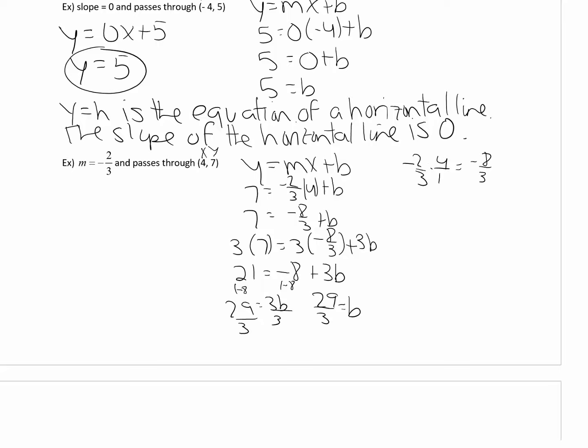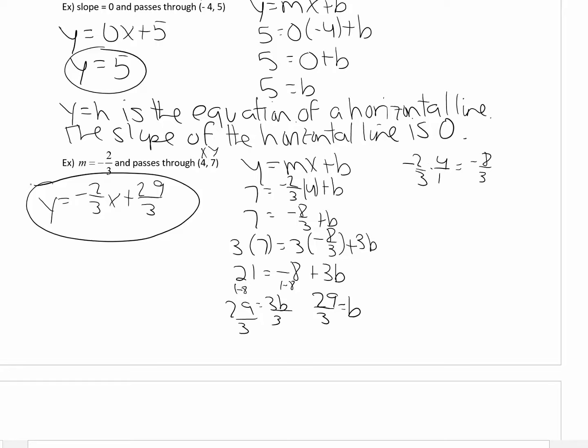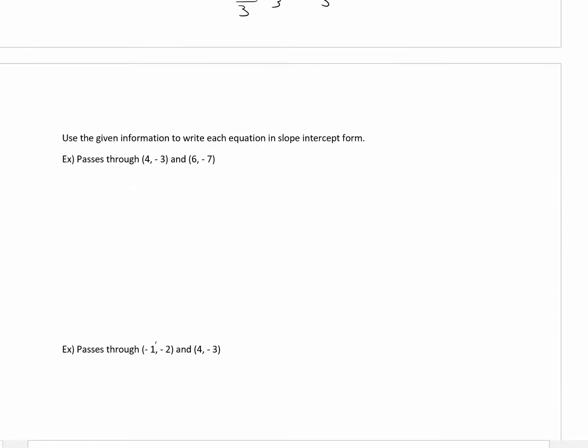Now that I know the y-intercept and the slope, I can now write it. Now, for all these problems, you should use the ordered pair that is given, plug it into the equation to make sure that you get a true statement for each. I will not do that in this video, though. Okay, let's go to the next example then.